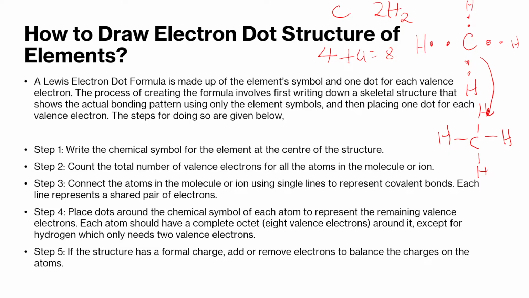Go ahead. It's the number of valence electrons in the neutral atom minus the number of bonding electrons. It's half the number of bonding electrons minus the number of non-bonding electrons.